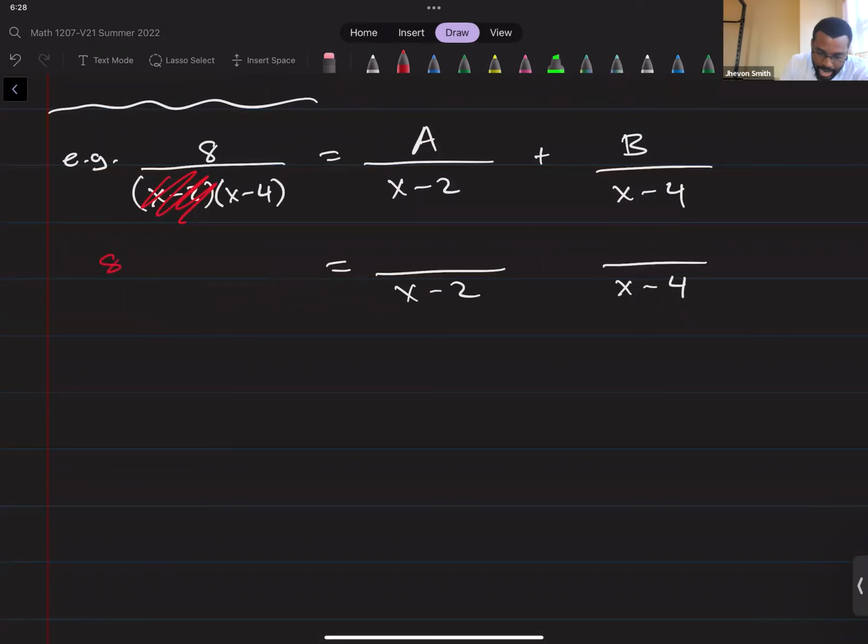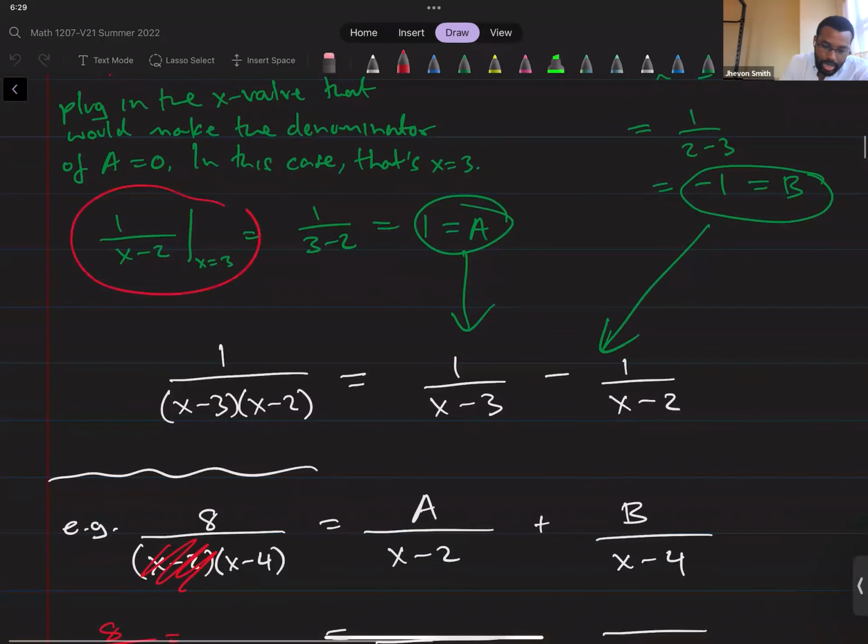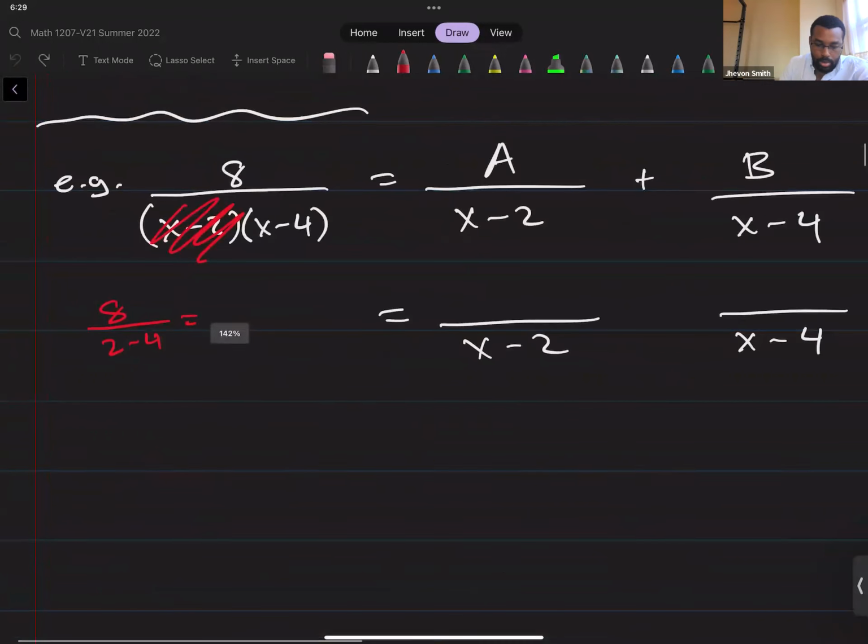Like if I take 8 over x minus 4 and I plug in 2 in there. What would the whole thing get? I thought you were just talking about the bottom. Yeah, no, it's the whole thing. You look at the entire expression once you cover that thing up. So it would be -4.